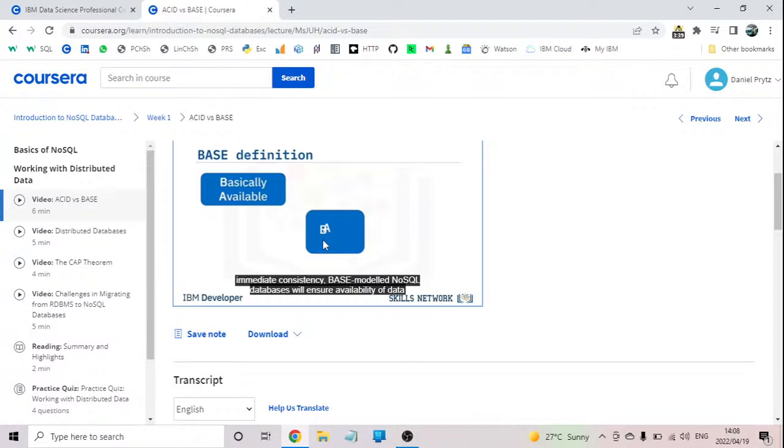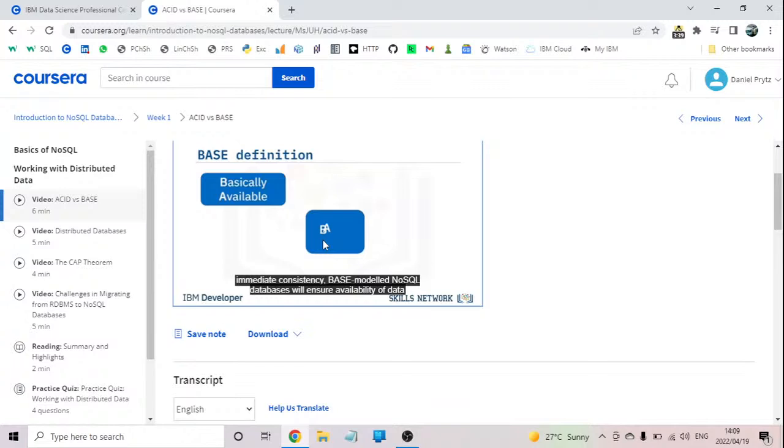Well, we haven't answered question 1 yet. Rather than enforcing immediate consistency, BASE-modeled NoSQL databases will ensure availability of data. Excellent. I think that's the first one.